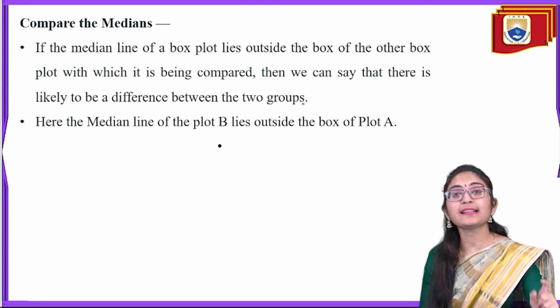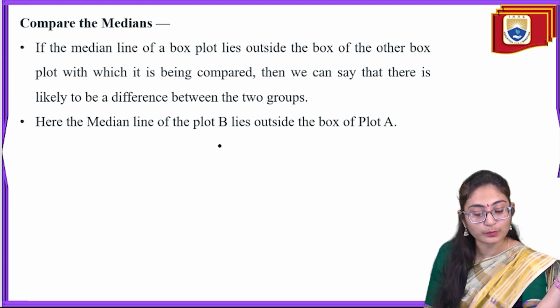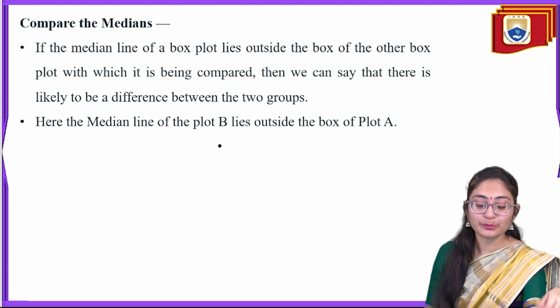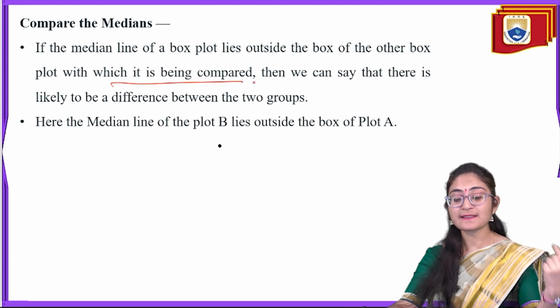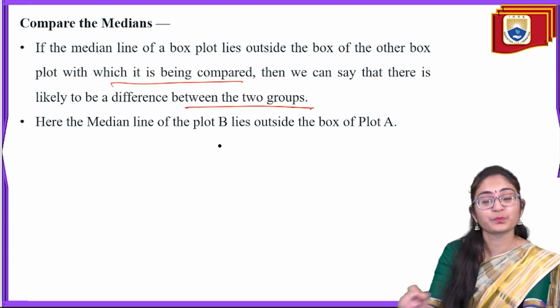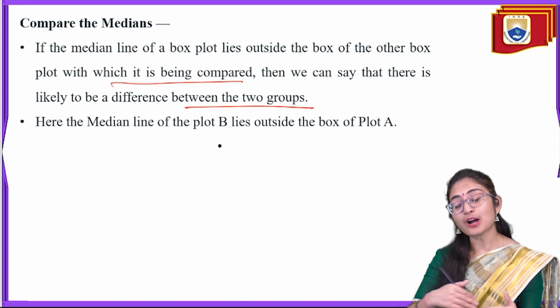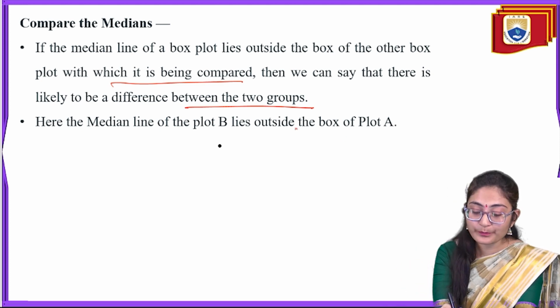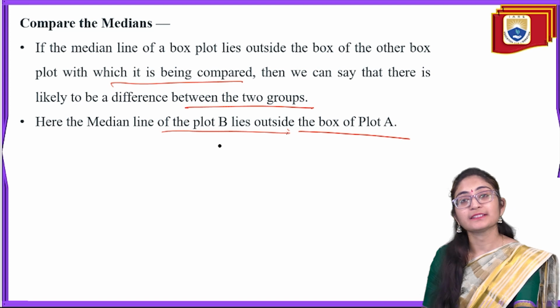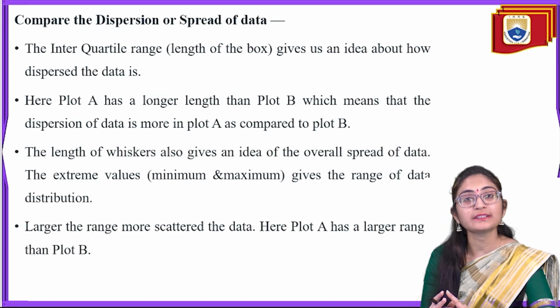Now, if the median line of a box plot lies outside the box of the other box plot with which it is being compared, then we can say that there is likely to be a difference between the two groups. And here the median line of plot B lies outside the box of plot A. Now compare the dispersion or the spread of the data.